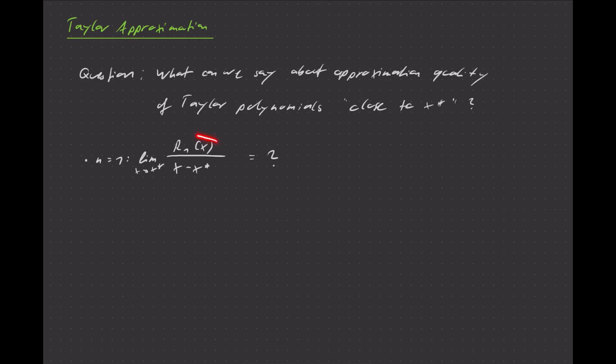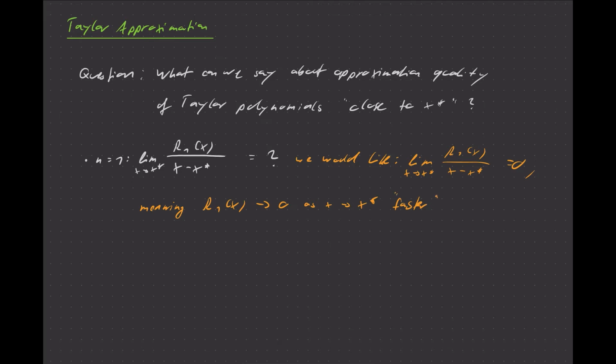And that means if this is faster in precise mathematical terms, we would like for that limit here to be 0, meaning R1 of x tends to 0 as x tends to x star faster than x minus x star tends to 0.